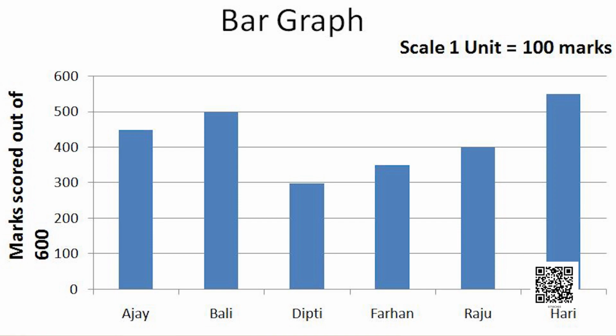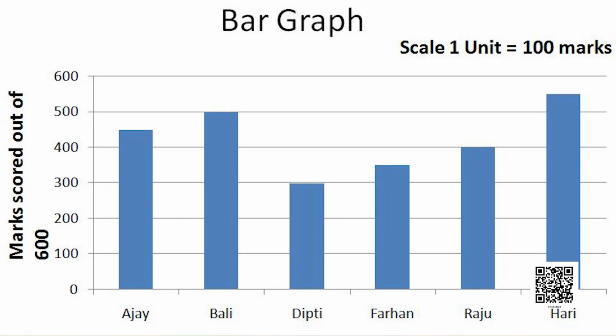So I drew a graph with the help of this data. But how do I do it? I need to choose some scale. So I chose a scale of 1 unit equal to 100 marks, right? Marks scored out of 600. So on the x-axis I have written the names of the children, and on the y-axis I have written marks out of 600. Alright. So look at this graph.